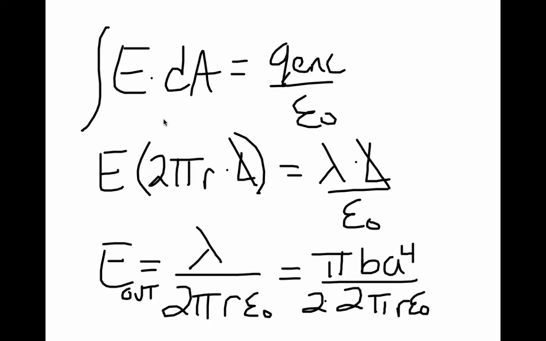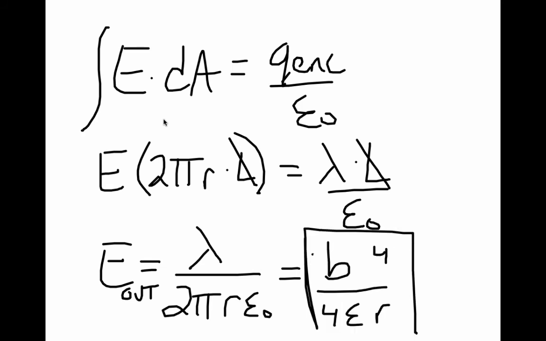So if we eliminate some things in there, the pi's will go away. 2 times 2 is going to give me 4. So there's our electric field outside the cylinder. You get b a to the fourth over 4 epsilon 0 r. Everything is constant there except the 1 over r relationship. So away from an infinite line of charge, we said that the electric field dies by an inverse relationship. Well, here it is, just with a bunch of different constants.